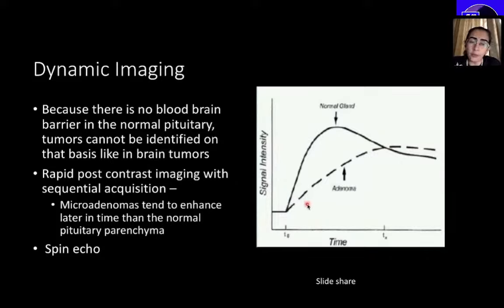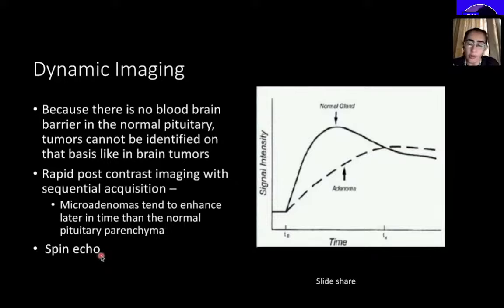Hence, the dynamic post-contrast sequence, which is typically a spin echo sequence, is performed in all patients in whom microadenoma is suspected. Just to note, this dynamic sequence is not required if we have a very large, obviously bulky sellar suprasellar mass and we want to say, is it an adenoma, is it a craniopharyngioma, is it LCH, or is it something else?